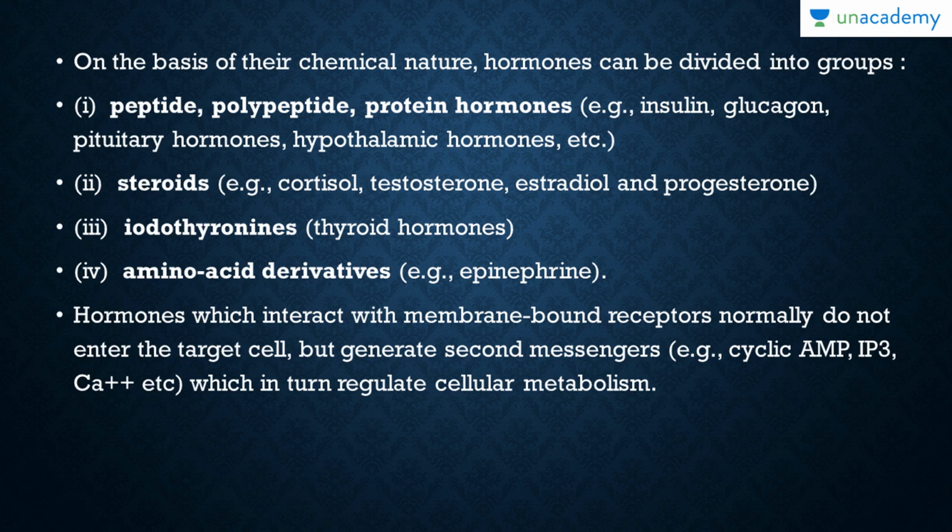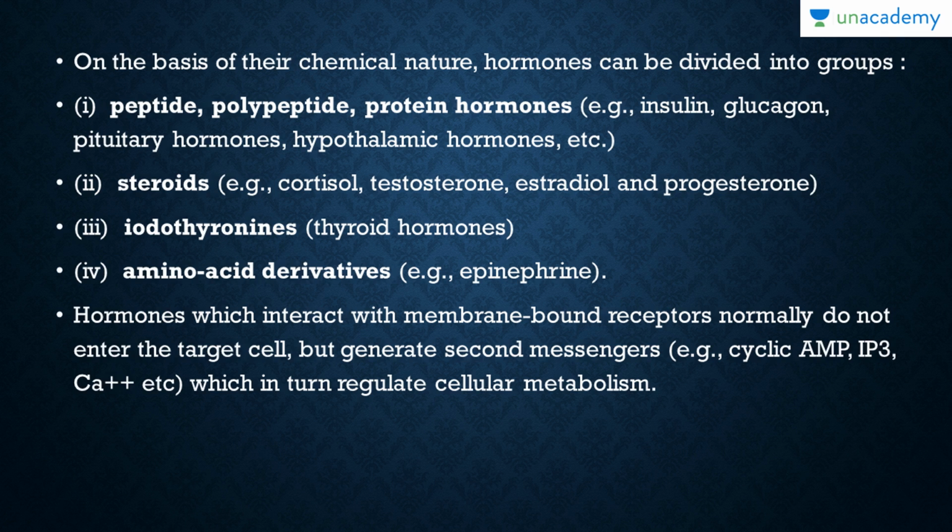Hormones which interact with the membrane bound receptors normally do not enter the target cell, but they generate second messengers such as cyclic AMP, IP3, calcium divalent, etc., which in turn regulate the cellular metabolism. So the hormone receptor complex which is formed onto the membrane will trigger second messengers which are present inside.